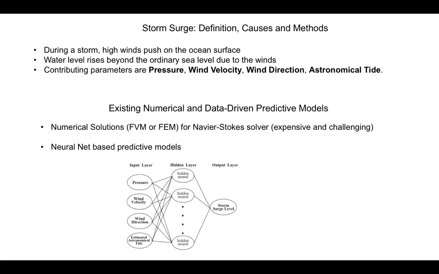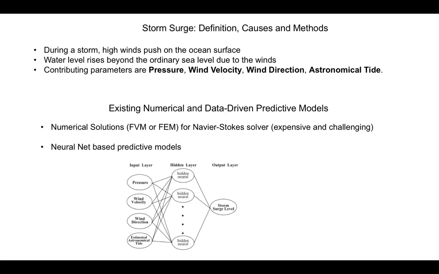gone through a neural net based predictive model where the input data is basically the contributing parameters, and the recorded data of storm surge levels are my output classes. The neural network trains on these data and tries to come up with a nonlinear model that fits these four contributing parameters in this case, and predicts new storm surge levels in case of a new incoming storm with different pressure values, velocities, and so on.